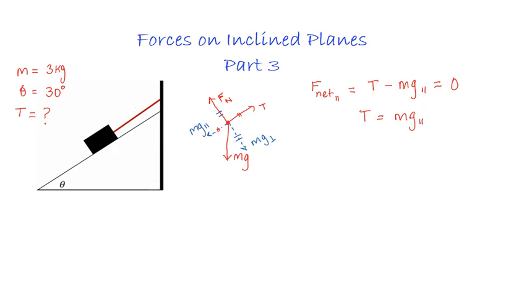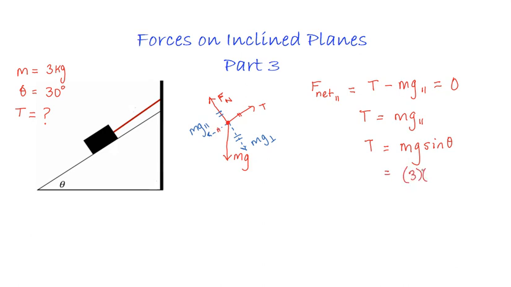Now, from the last video, we saw that the mg parallel component in terms of the angle of the ramp would be equal to mg times the sine of the angle of the ramp. And again, if you don't know where that came from, go check out part 2. So there we would be able to find the tension. So let's plug in some values here.